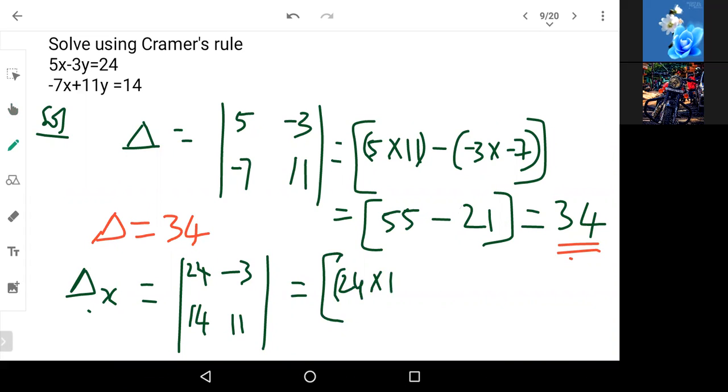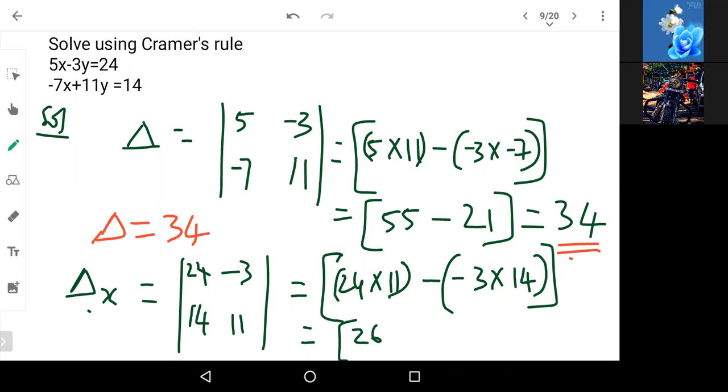24 into 11 cross multiplication minus 3 into 14. So 24 into 11 is 264 minus of 14 into 3. How much is 14 into 3? 42. Minus 42. Yeah, minus 42.